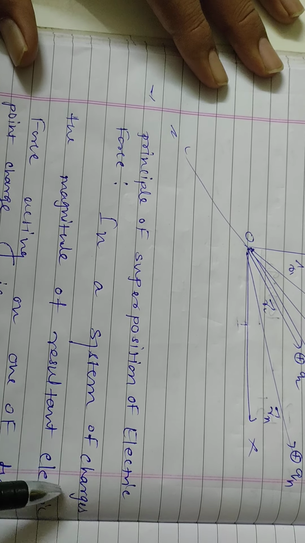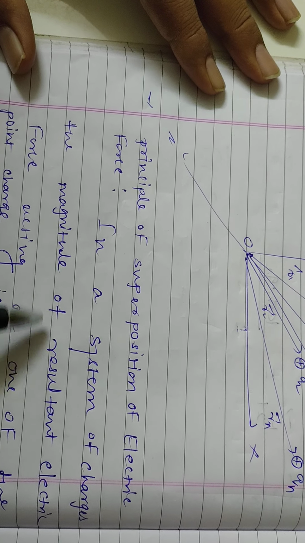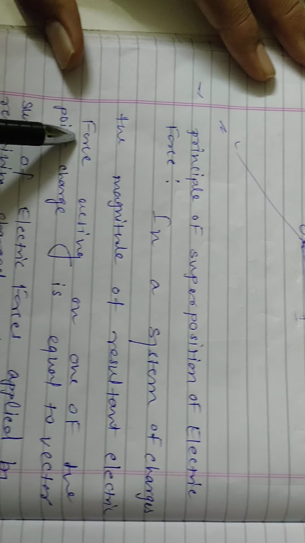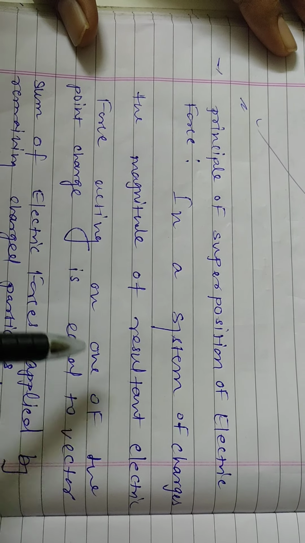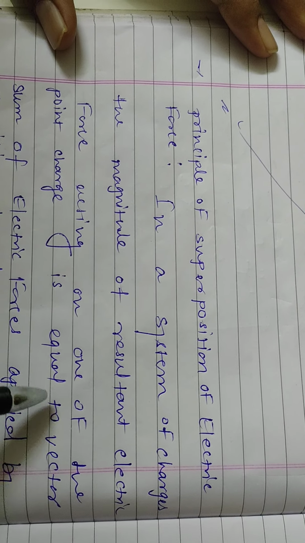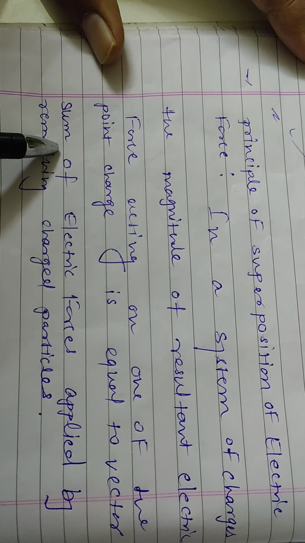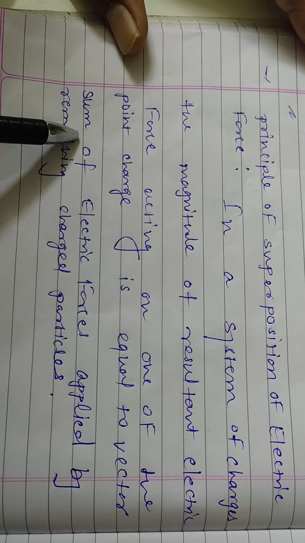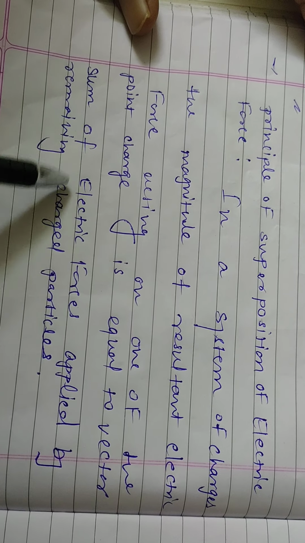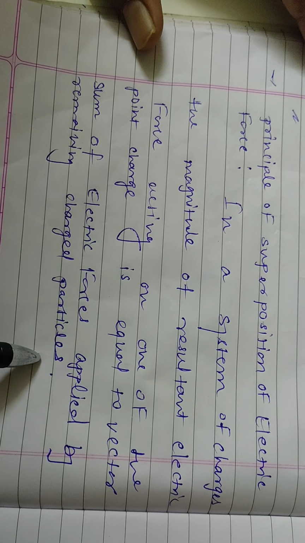In a system of charges, the resultant electric force acting on one of the point charges is equal to the vector sum, which means the summation of each and every electric force in vector form, of the electric forces applied by the remaining charged particles.